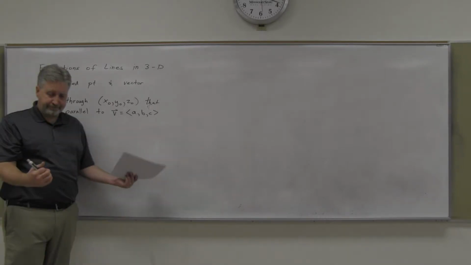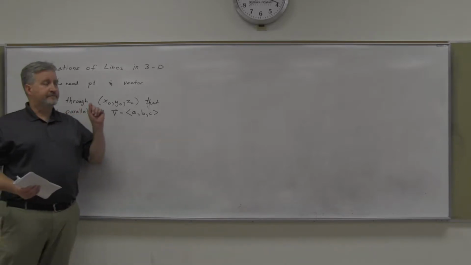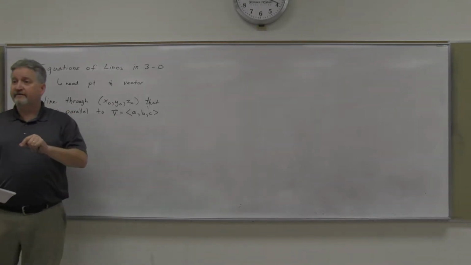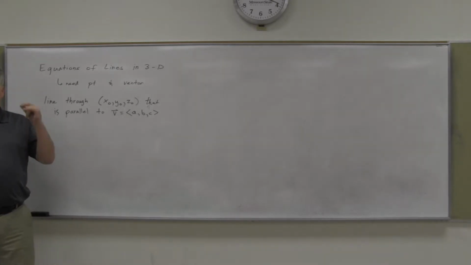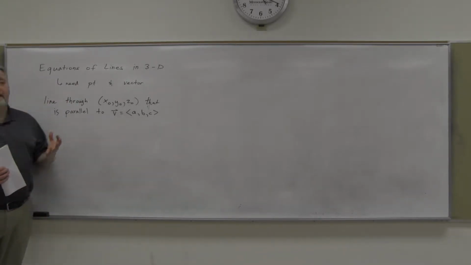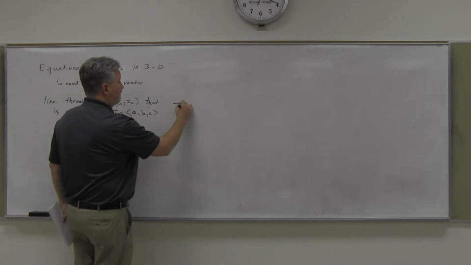Now, in 2 dimensions, we have several different formats of lines. We've got point-slope form of a line, slope-intercept form of a line, and parametric form of a line, where we name the x and the y values in terms of a parameter t. It turns out the first one we're going to start with here is the parametric form of a line.